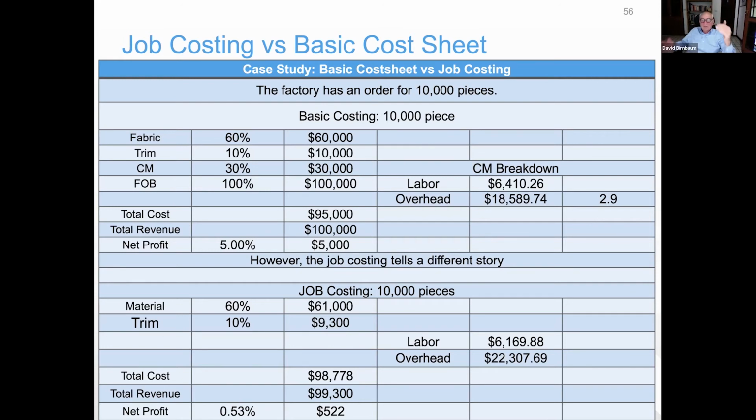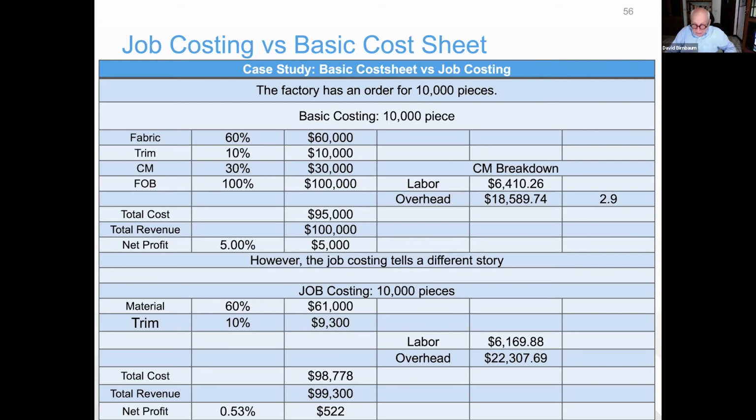The total FOB price was $100,000. The total revenue was $100,000 based on a cost of $95,000. You made 5%, but the reality is different.